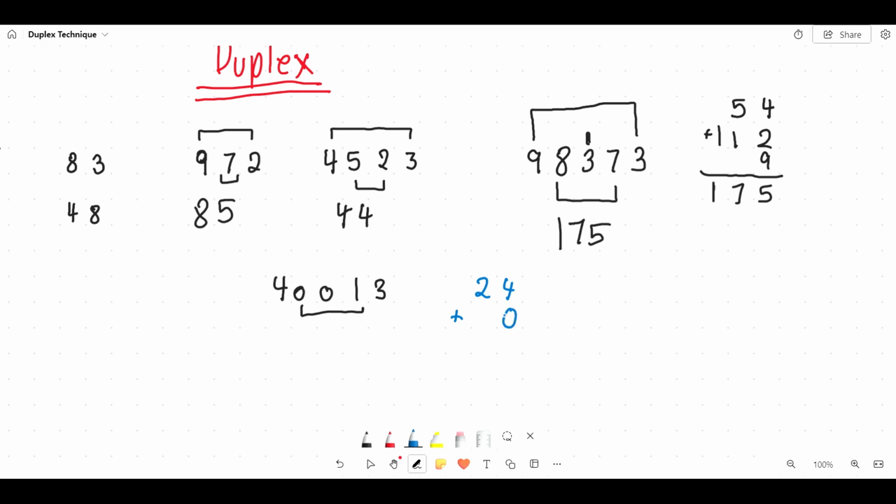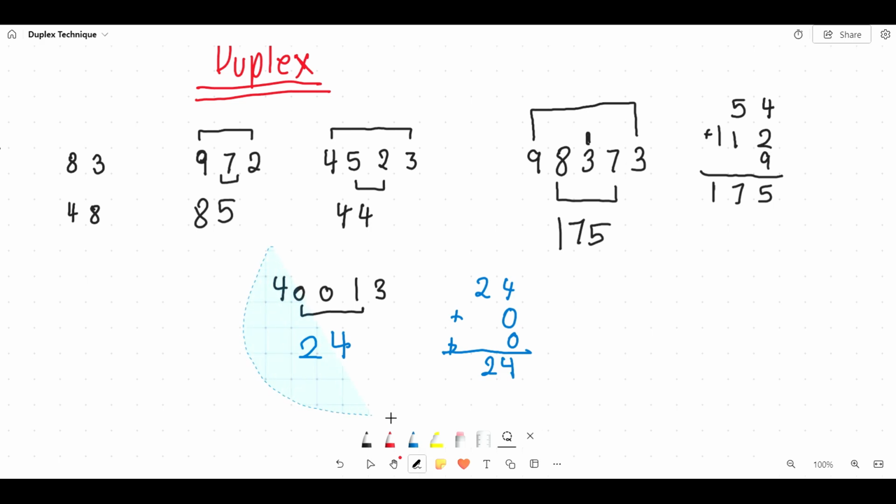So add 0 or don't do anything. It doesn't really matter. And again, 0 squared, 0. So our final duplex 24. And that's how you do it for 5-digit numbers.